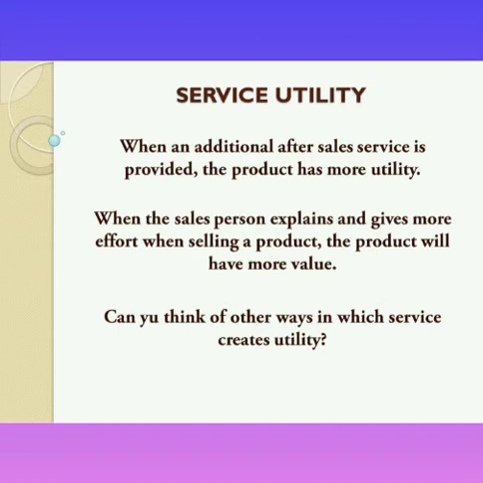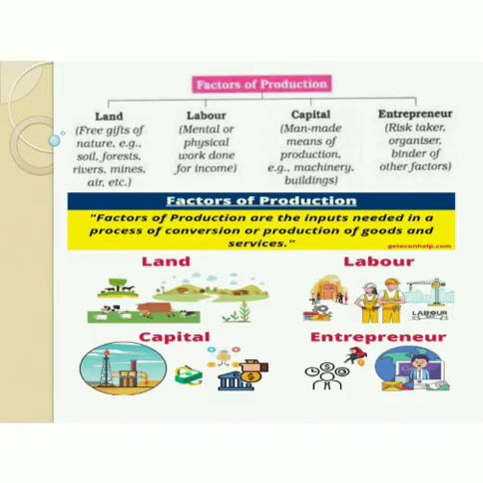Now, for production to take place, Adam Smith has categorized 4 basic factors that are required for production to take place. By the way, Adam Smith is known as the father of economics.